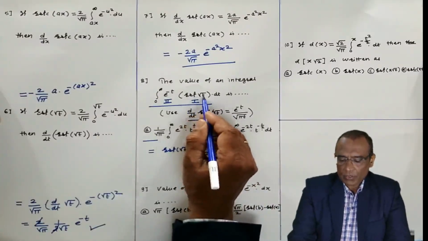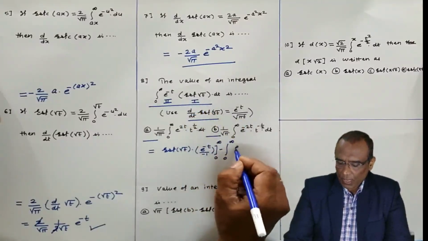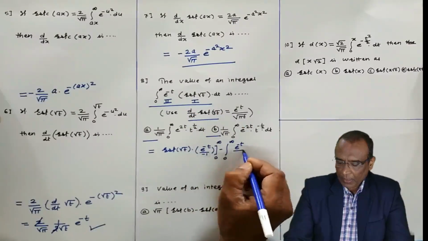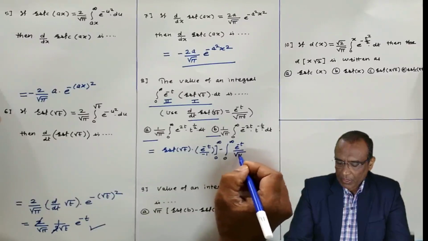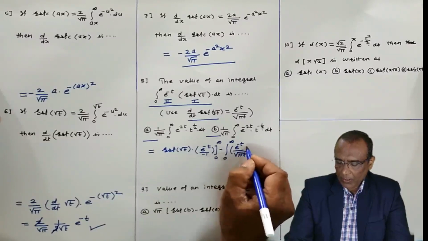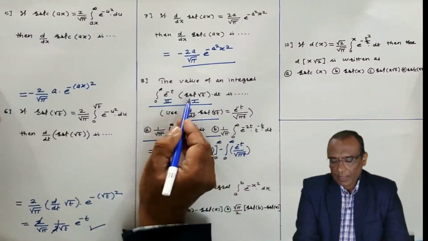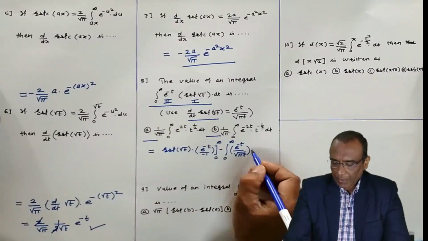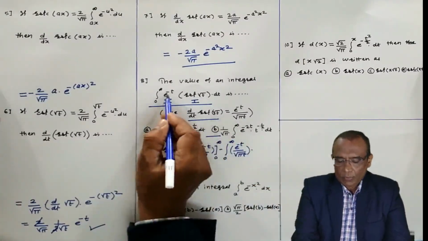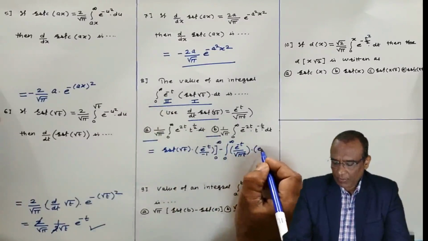The derivative of error function of root t is already given to you. I am writing it directly. Integral of the derivative of error function of root t multiplied by the integral of the second function. The integral of the second function is this.